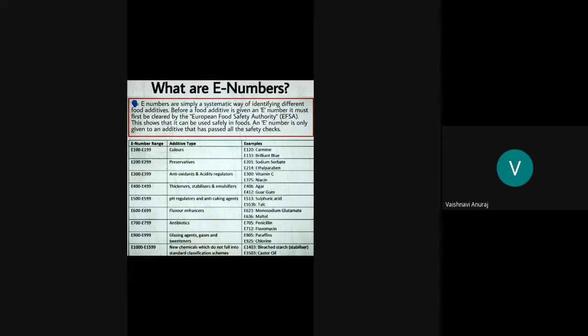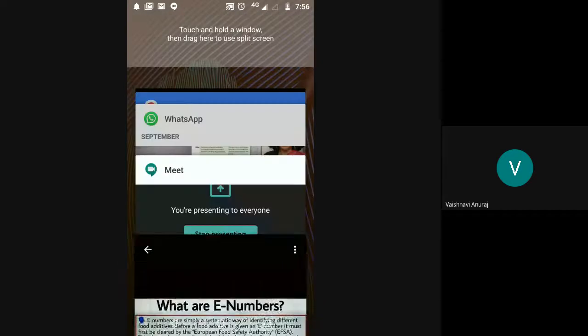So once you see it starts with E1, obviously it will be related to the colors. If it starts with 3, either it will be an acidity regulator or an antioxidant.